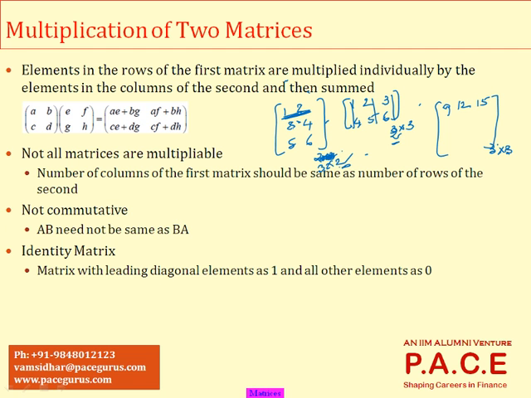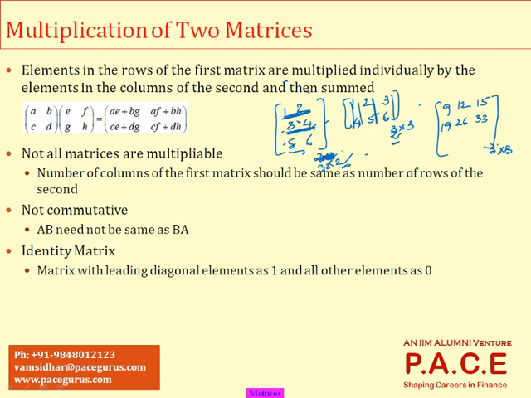Now, second row, first column. 3, 4, 1, 4. 3 into 1, 3. 4 into 4, 16. 3 plus 16, 19. Second row, second column. 3 into 2, 6. 4 into 5, 20. 26. Second row, third column. 3 into 3, 9. 4 into 6, 24. 33.